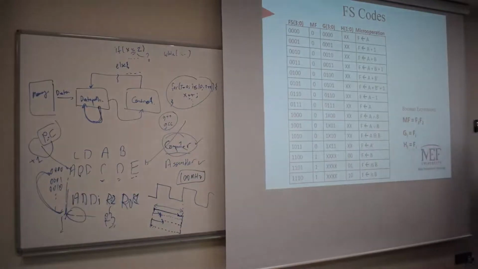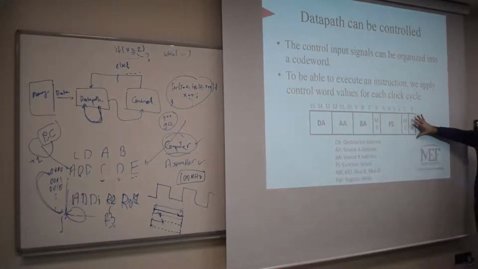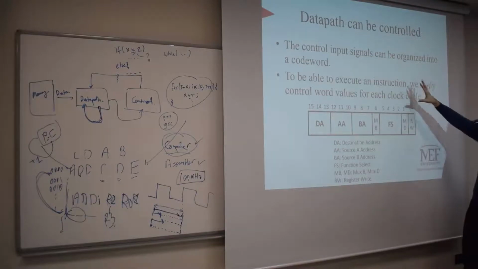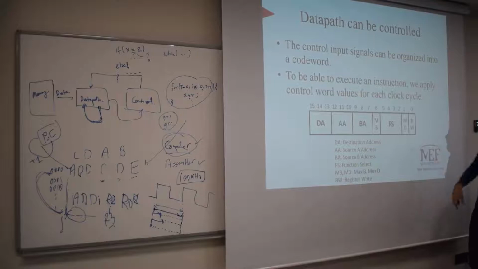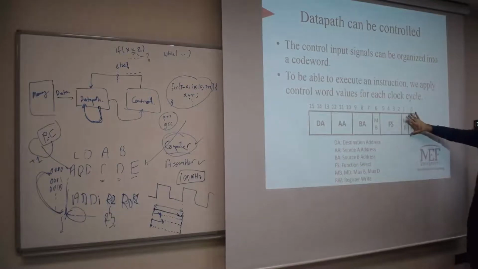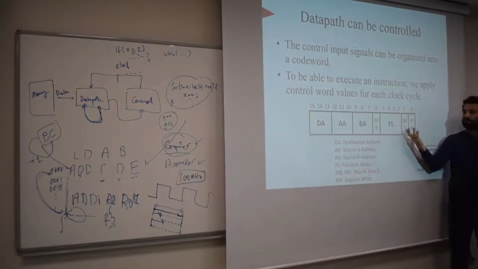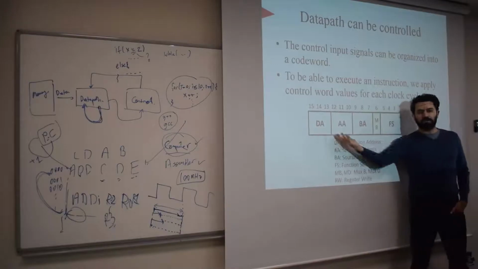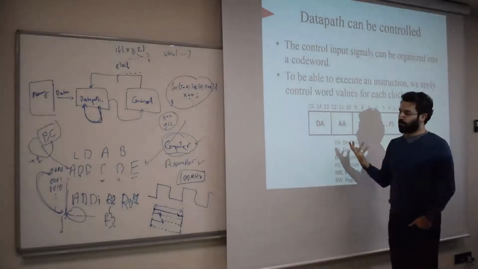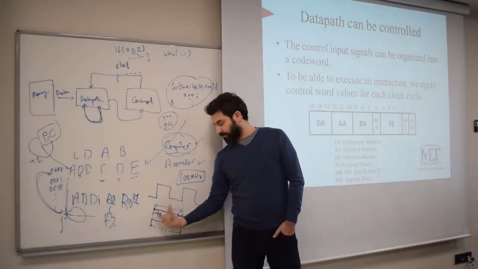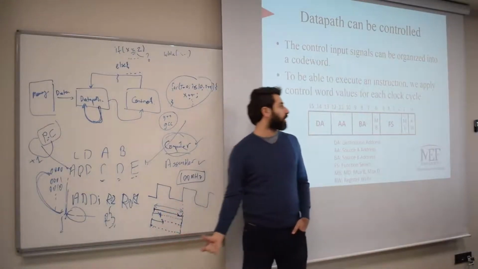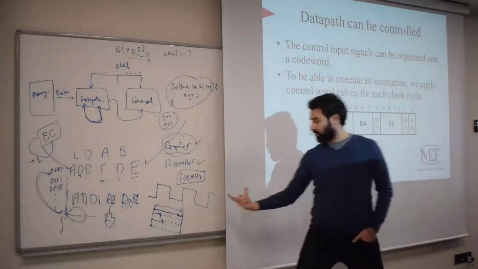Okay? And this is the control word that results, because control inputs are essential for the data path to operate accurately. To be able to execute an instruction, we apply these control values for each clock cycle. So it's a single clock cycle, as I mentioned before, where you have to finish every single one of those operations inside a single period.